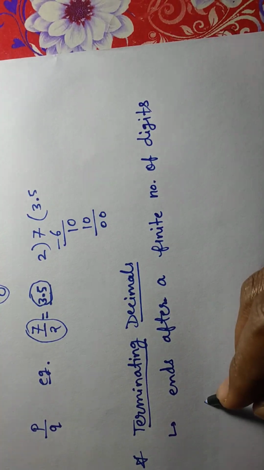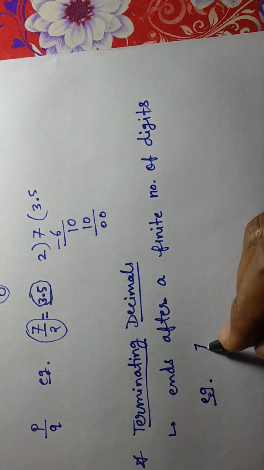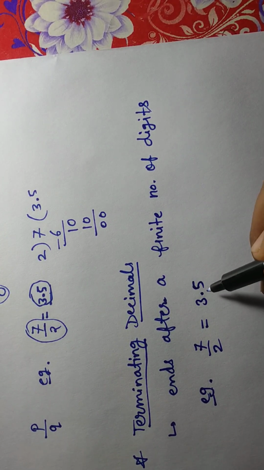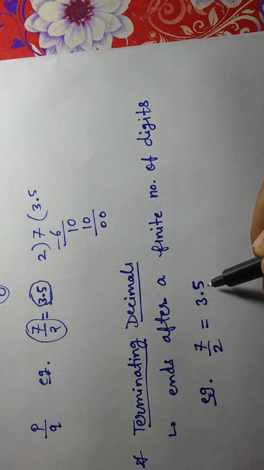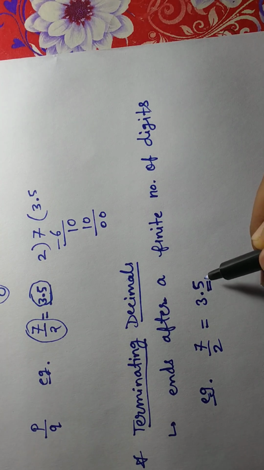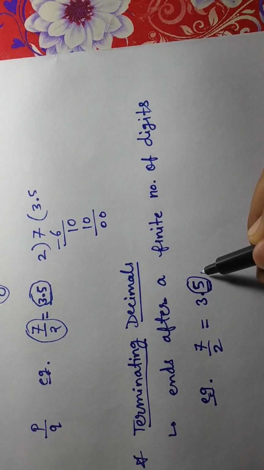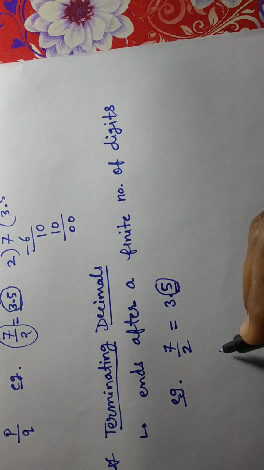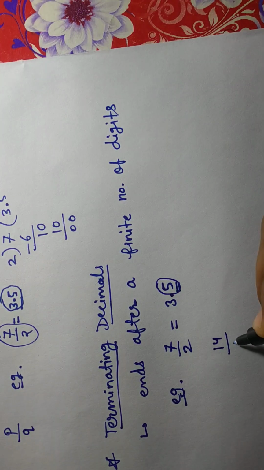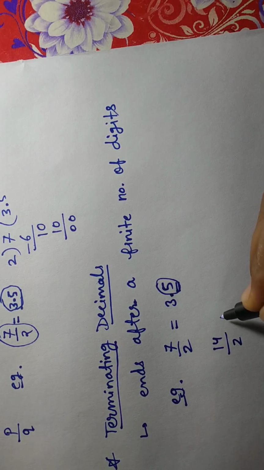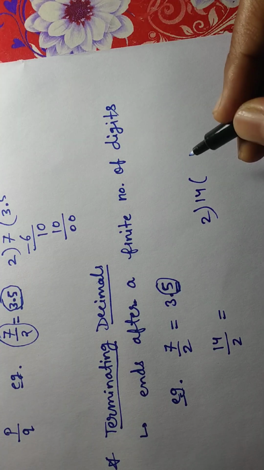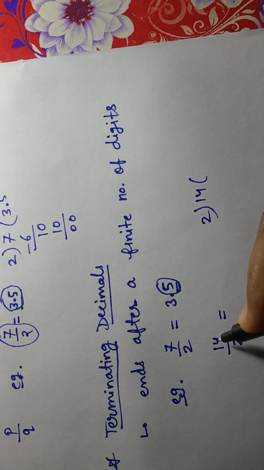For example, as we have taken above, 7 upon 2 was equivalent to 3.5. Now this decimal expansion ended after this 5, right? There is no further expansion. Let's take another example, like 14 upon 2, right? So 14 upon 2 is, let's divide it. We know that it's not decimal expansion.